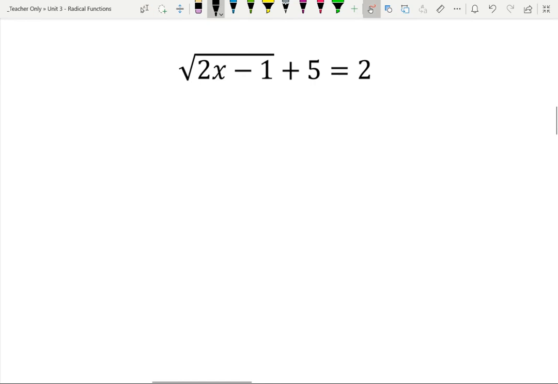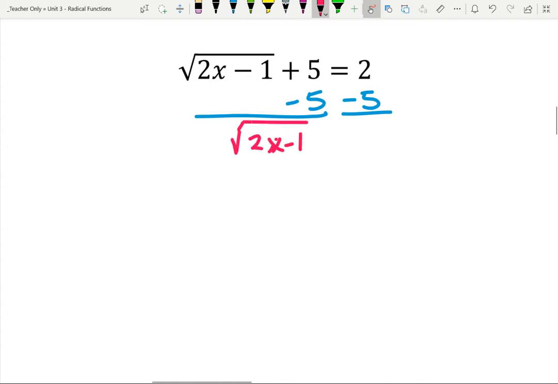Once again, before we can isolate the variable, we have to isolate the radical itself. So let's start by subtracting 5 from both sides. That's going to leave the square root of 2x minus 1 is equal to negative 3. And we need to undo that radical, break that radicand out, and we're going to do that by squaring both sides.